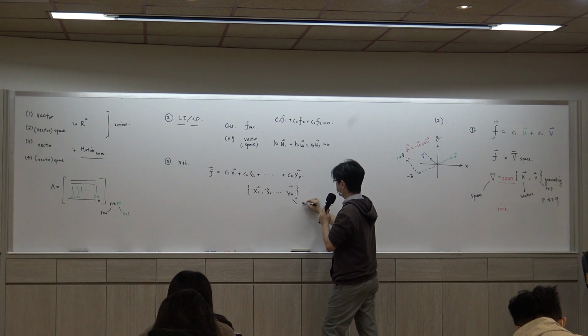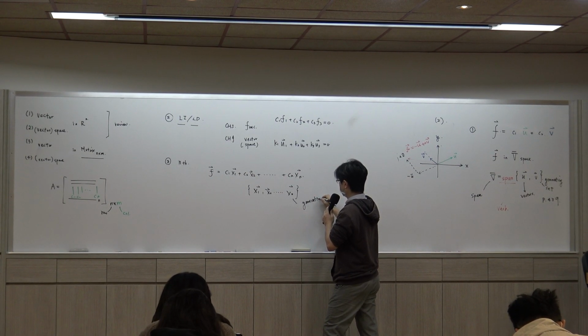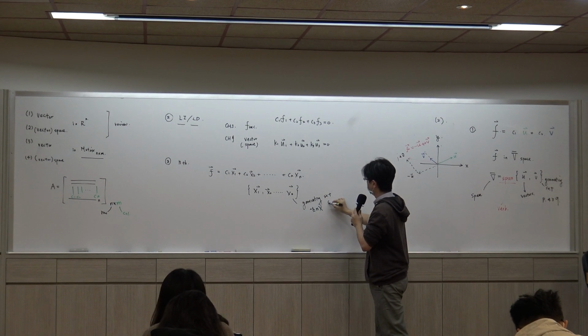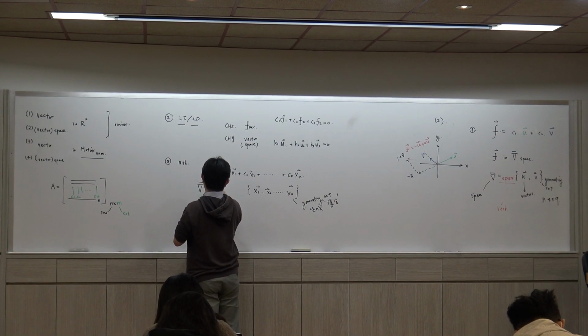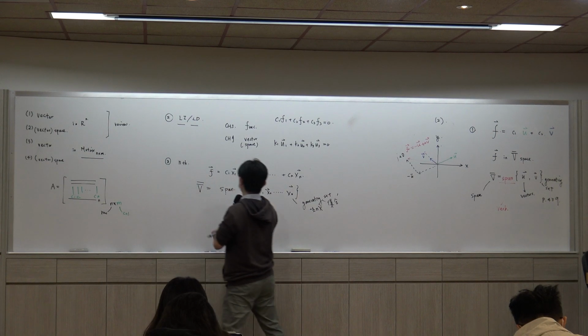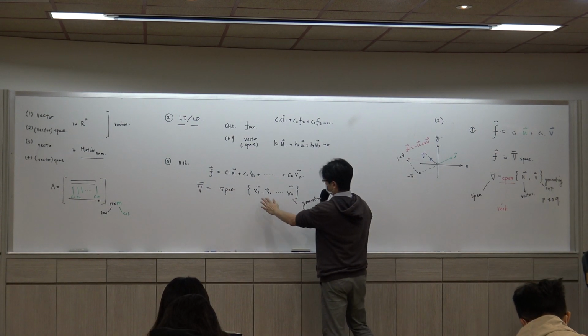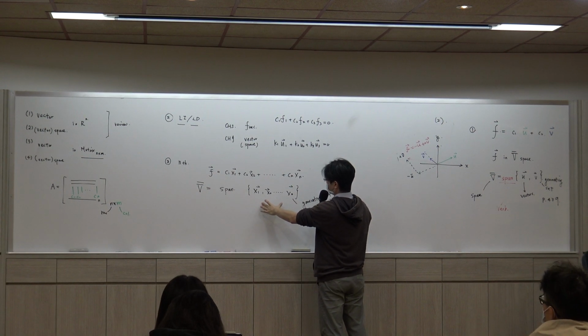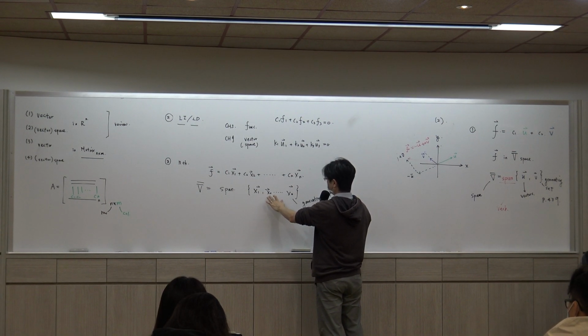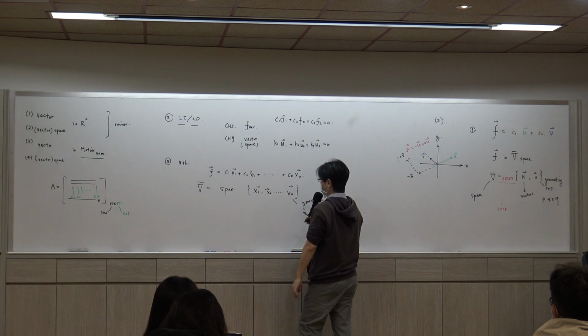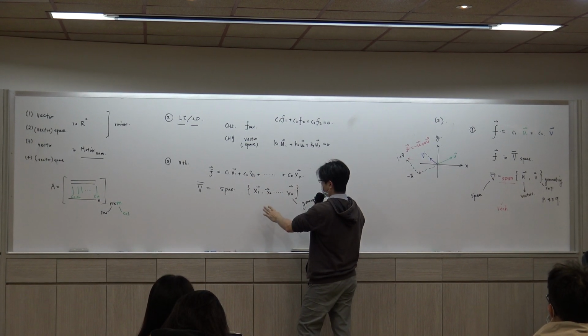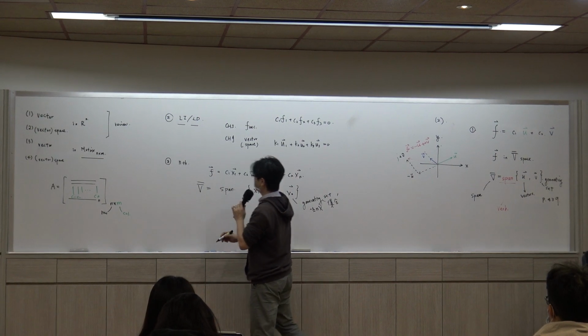So the generation set equals S1, S2 to Sn. If we span based on the n vectors, we can get the space V.